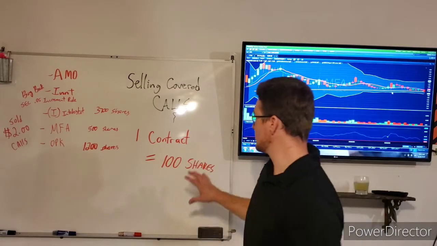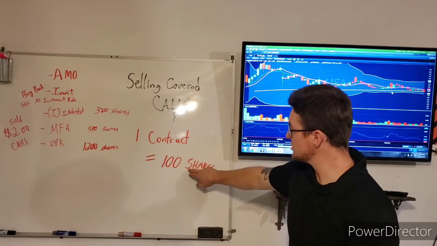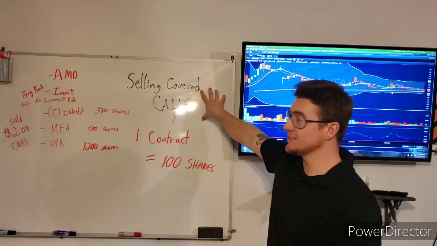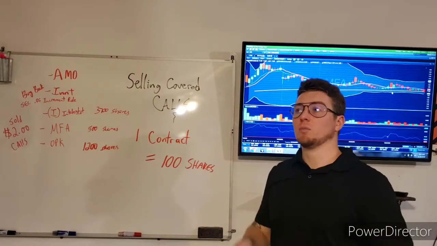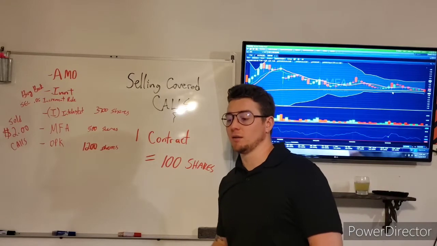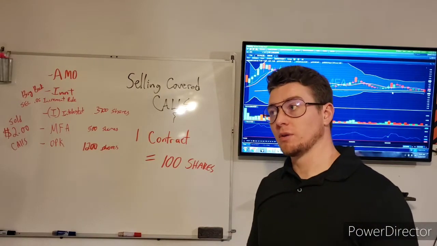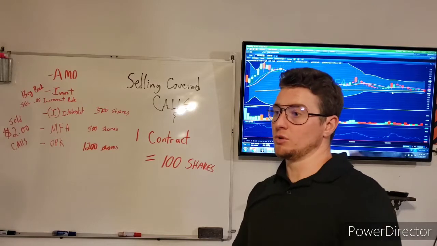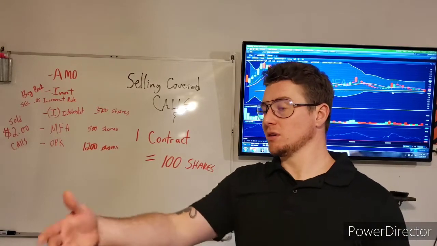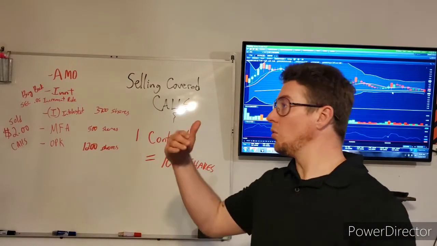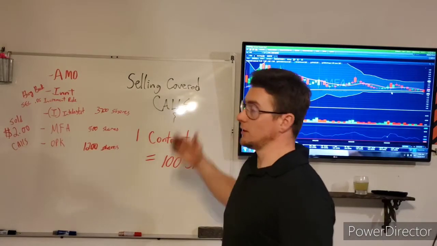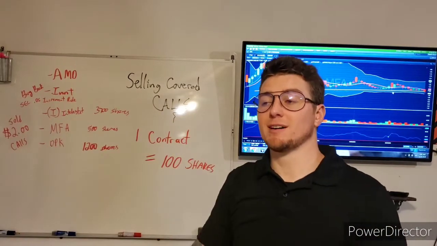So real quick notes. One contract represents 100 shares. We're selling covered calls. But wait, isn't a debit spread the same thing? In theory, sort of, because you're buying a call, which technically gives you the right to buy the shares at this price. Then you sell a call against it, which makes it a debit spread.